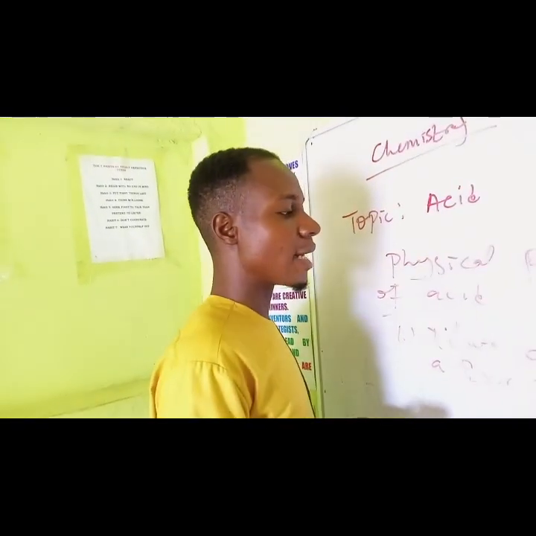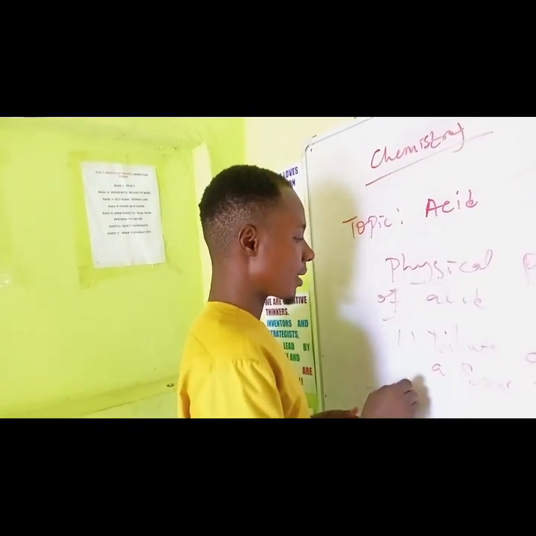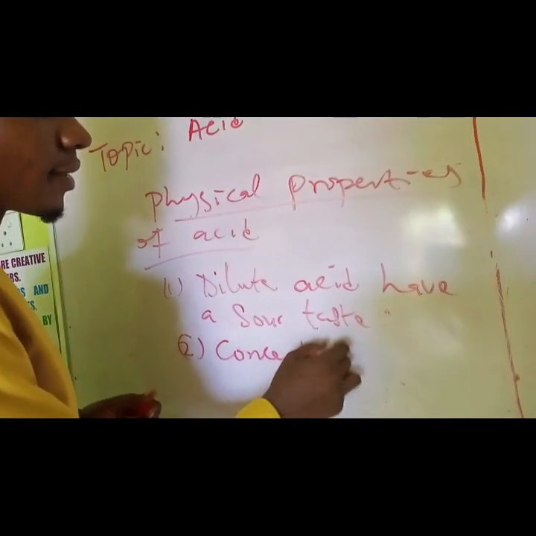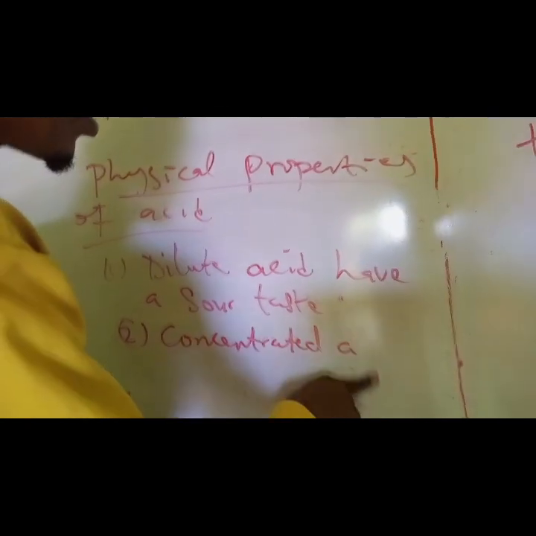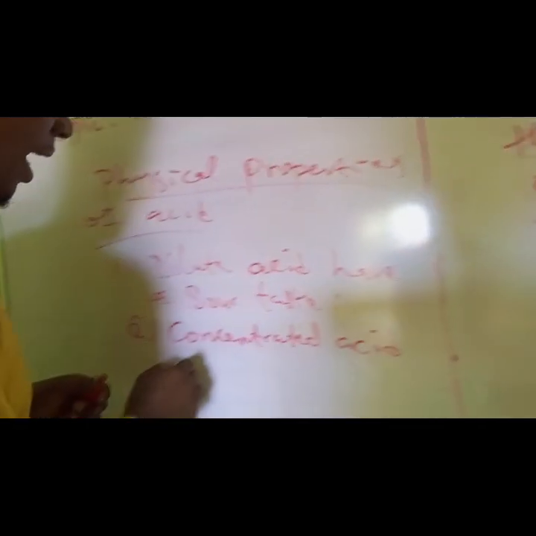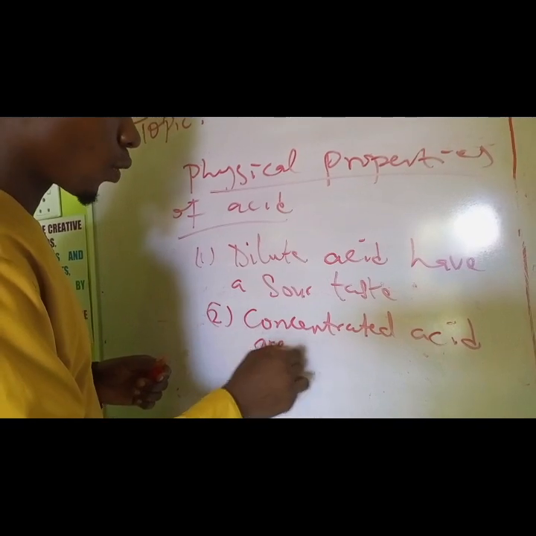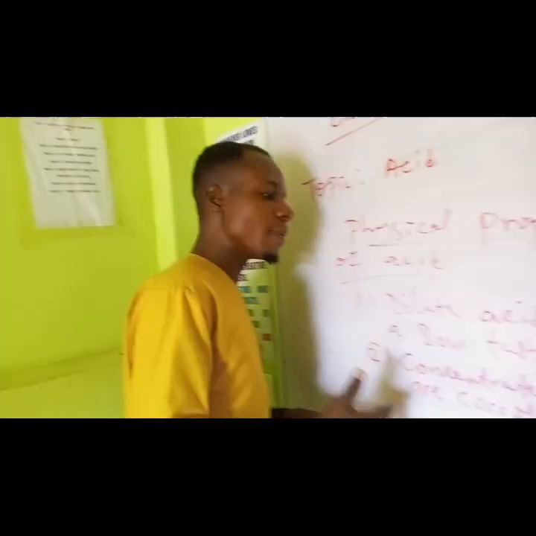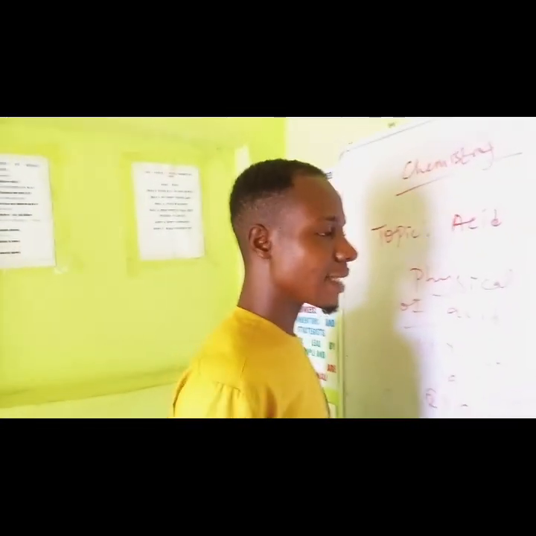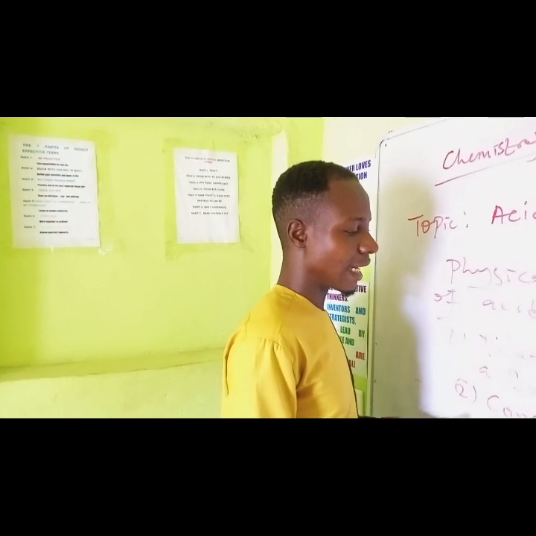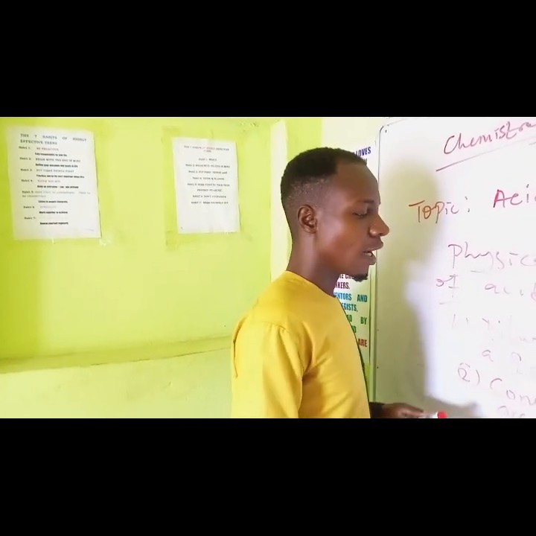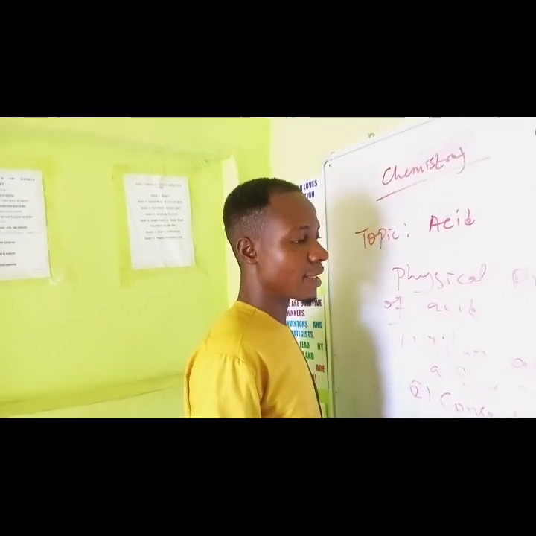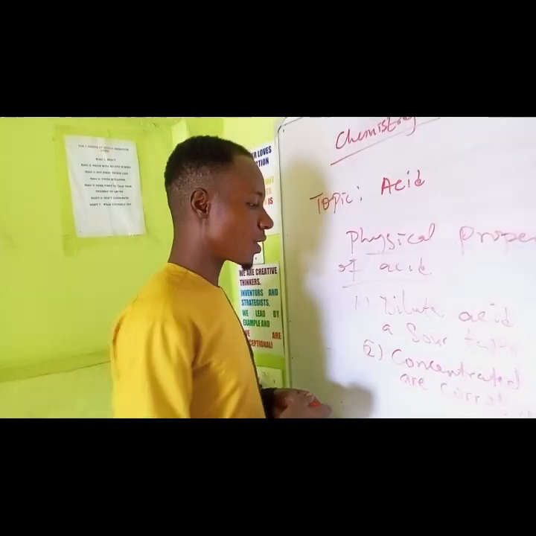When you taste a dilute acid, it's going to have what? A sour taste. The next one is that concentrated acids are corrosive. Now, students, when we say corrosive, it means that it can attack the body, it can attack the skin, it can burn. So that's the meaning of corrosive.